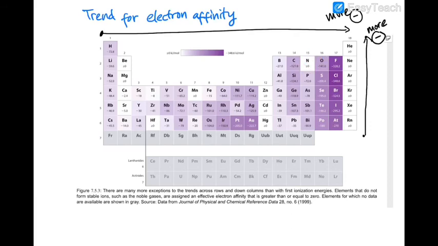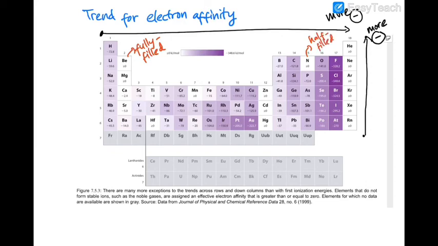Now, the way for us to try to understand this is by looking at the electron configuration. If you write down the electron configuration for beryllium and for nitrogen, you will almost immediately see that beryllium has a fully filled configuration, while nitrogen has a half-filled configuration.